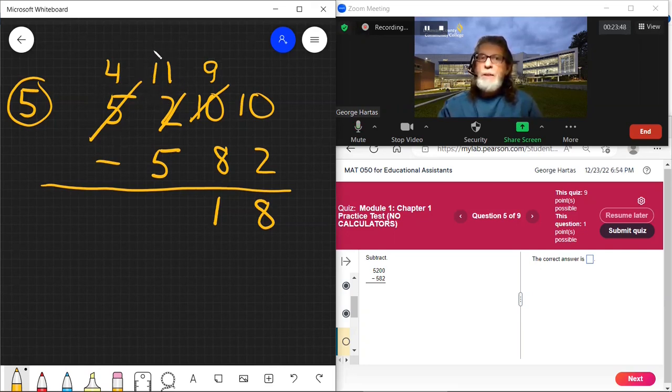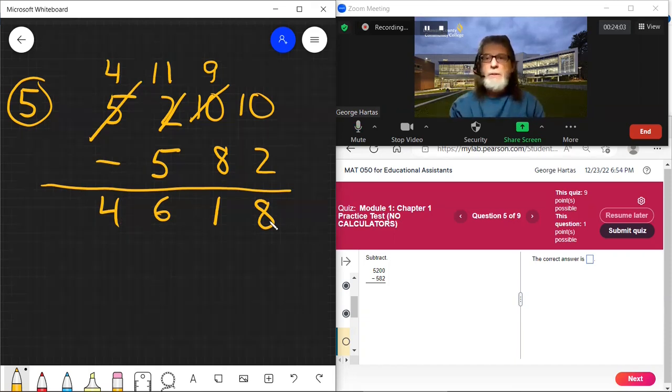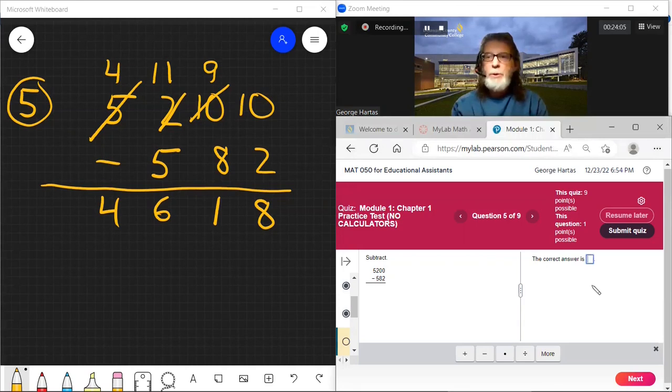So 11 minus 5 is 6. And then we have 4 minus nothing is still 4. So this is our answer, 4,618. And again, optional to use a comma, but if you use it, it must be done correctly. I'll skip using it.